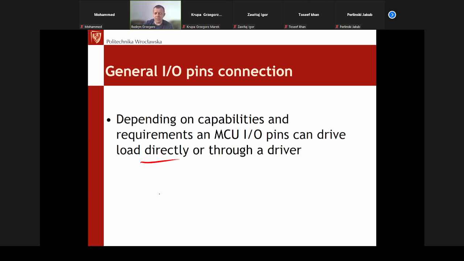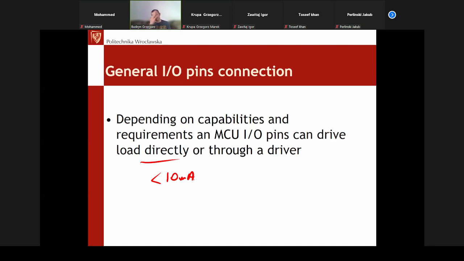Normally, the loads that we can attach to the microcontroller should be below 10 milliamps. That's the current the microcontroller can handle. Although today, you can sometimes find microcontrollers with pins capable of handling 100 milliamps or a similar value. 100 milliamps is a pretty high current.